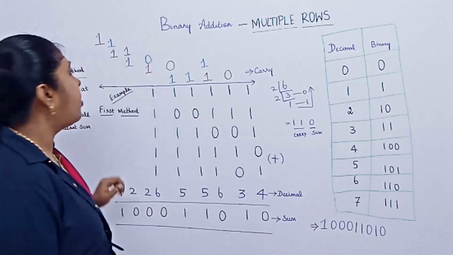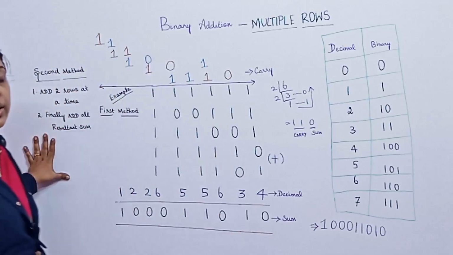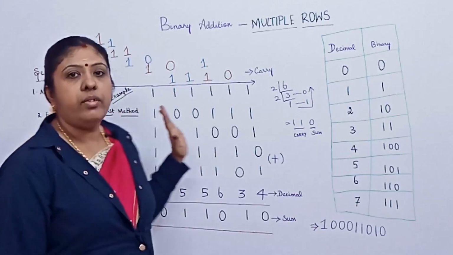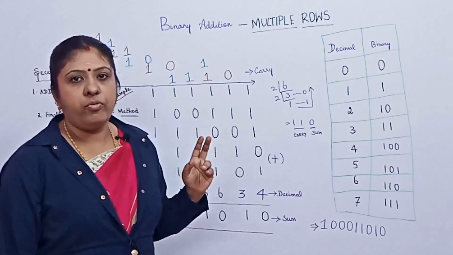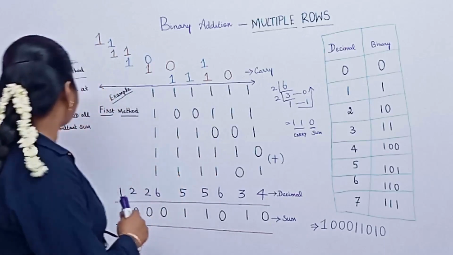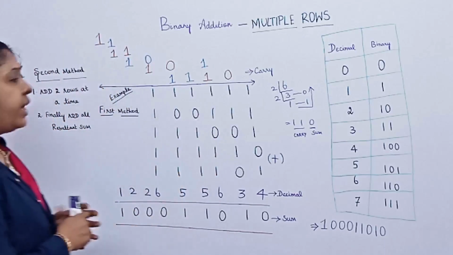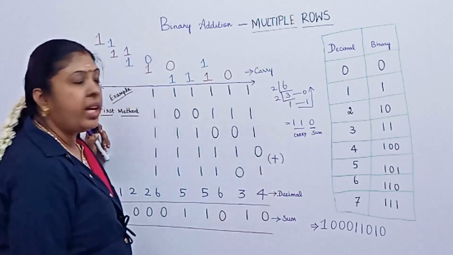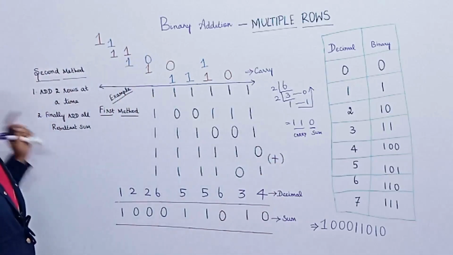Now coming to the point, discussing the second method. We already know how to add 2 rows at a time. That is the normal binary addition. So in the second method, what is the methodology? Suppose we have 5 rows, we have to add 2 rows at a time.